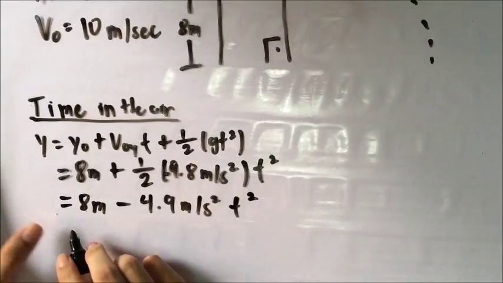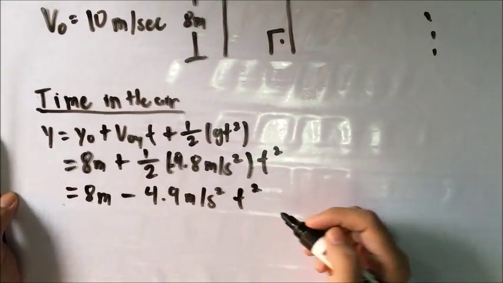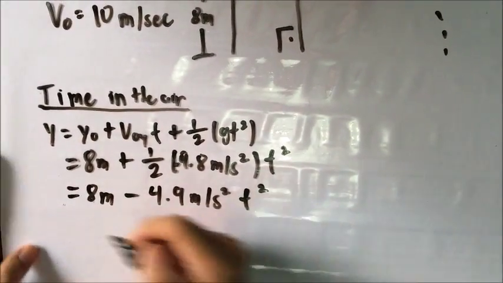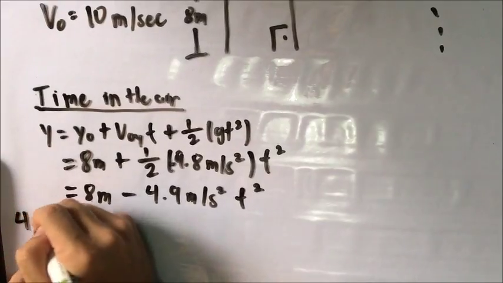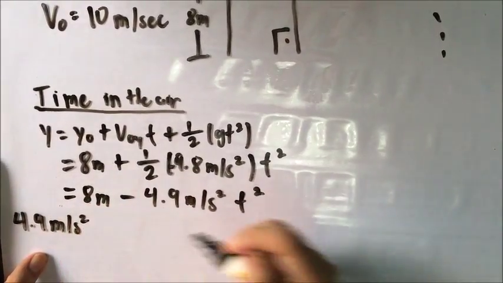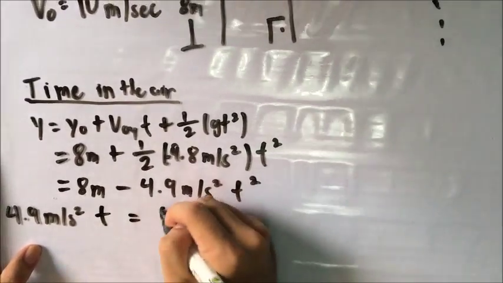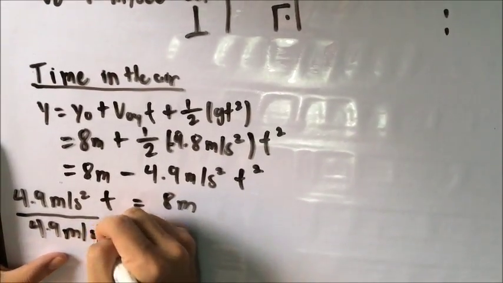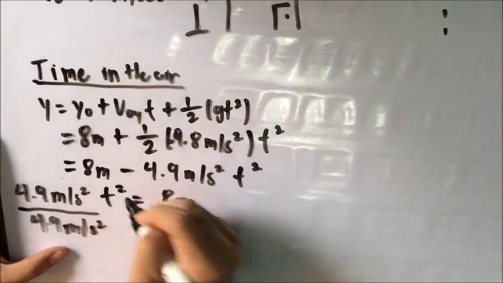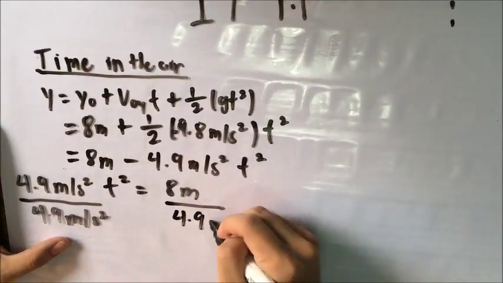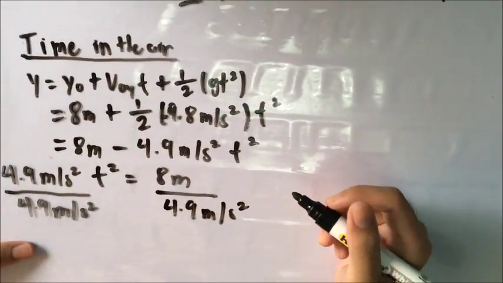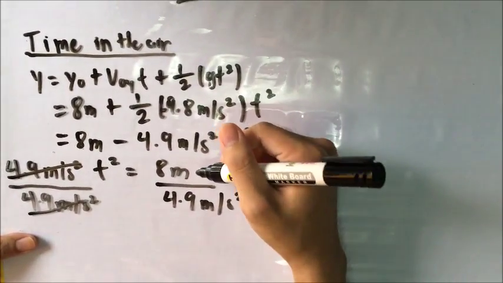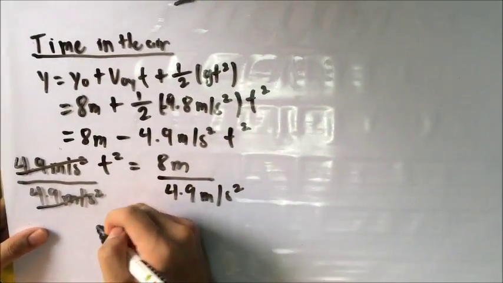Then to get the time, we need to transpose the time, then divide both sides by 4.9 meters per second squared, to get 8 meters over 4.9 meters per second squared. Next, cancel out the 4.9 meters per second squared, then proceed to compute this equation.